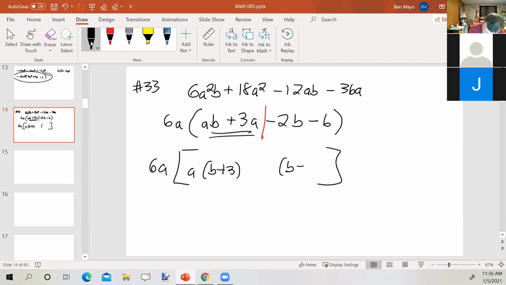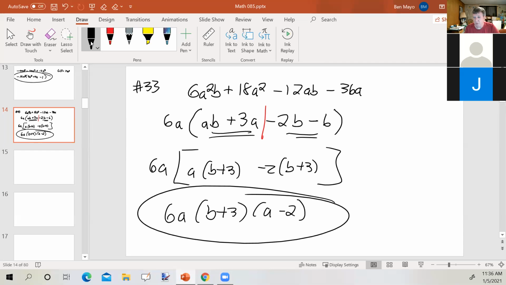So I have to have a b plus 3 over here, take out a minus 2. So my final answer is 6a times b plus 3 times a minus 2. And there you have it. Any questions about that?